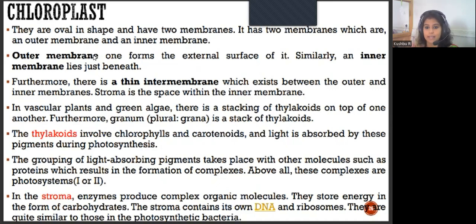Chloroplast is like a sac or apparatus inside which the chlorophyll pigment is present. Chloroplast is an apparatus; chlorophyll is the pigment. That is why we call it a pigment containing apparatus.